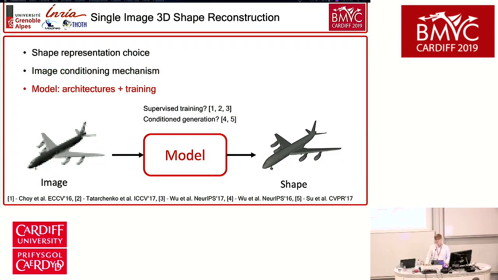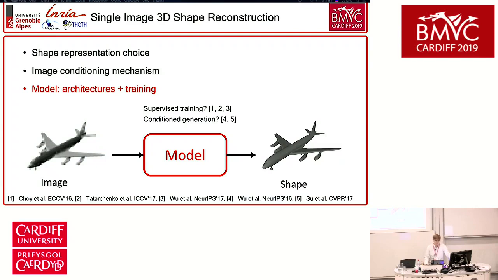Here, except for the standard choice of the neural network architectures, which in that case is heavily dependent on the choice of 3D shape representation, we also have a question of how do we learn these models. And normally, people tend to treat this task in a completely supervised manner, by first extracting some features from the images and then trying to regress shapes directly from those features.